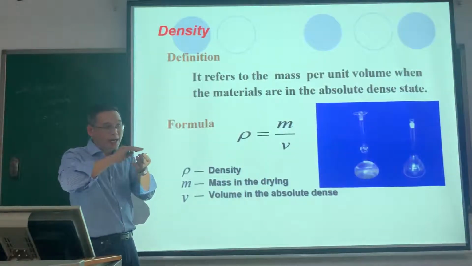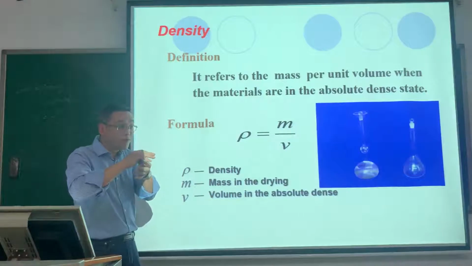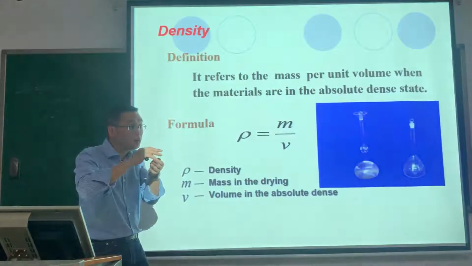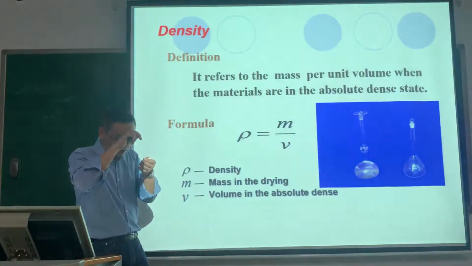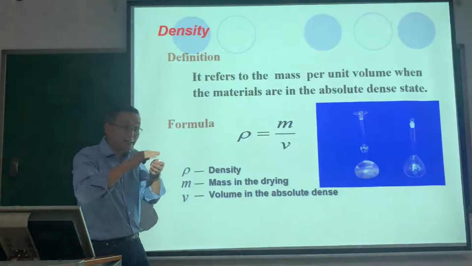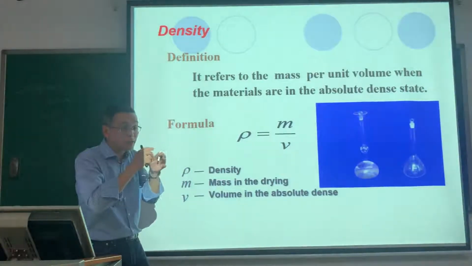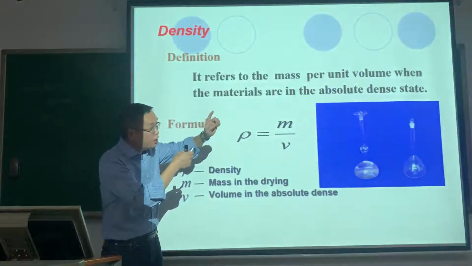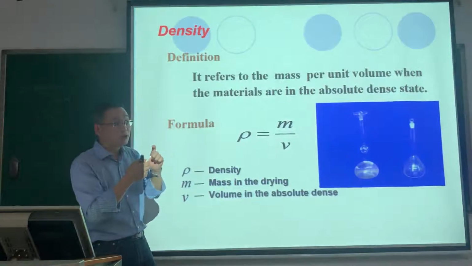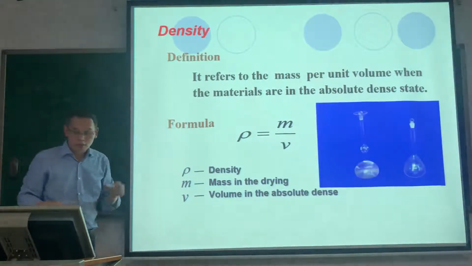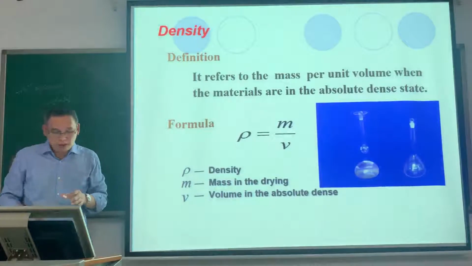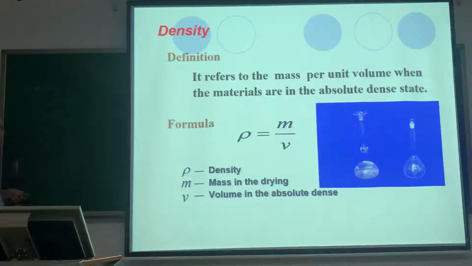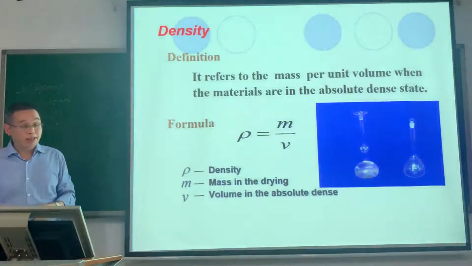We need to grind it finer and finer, to get the pores out of it and get the absolute dense state of the powder. So this is the first kind of density. We can call it the real density.